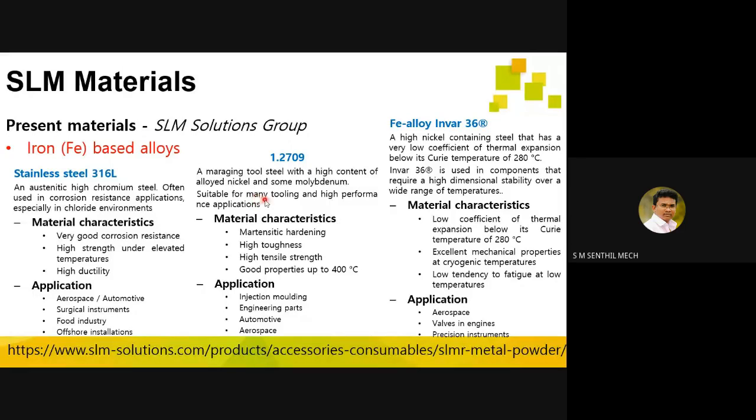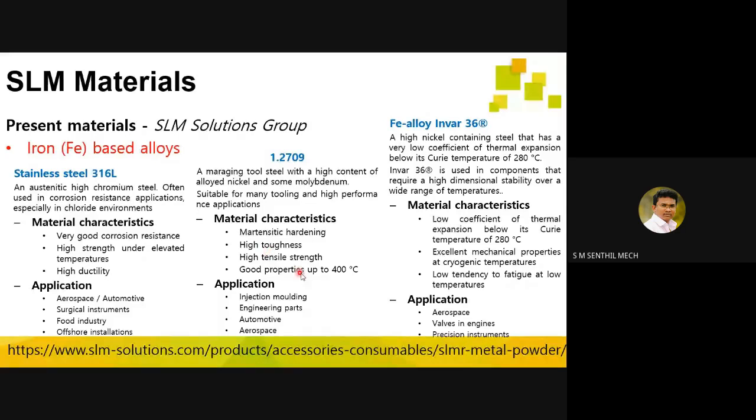It has very good martensitic hardening. Martensitic hardening is one of the crystal structures obtained when you are heating the steel. It has very high toughness and very high tensile strength. Usually tensile strength and toughness are inversely proportional: when you increase tensile strength, the toughness will decrease.